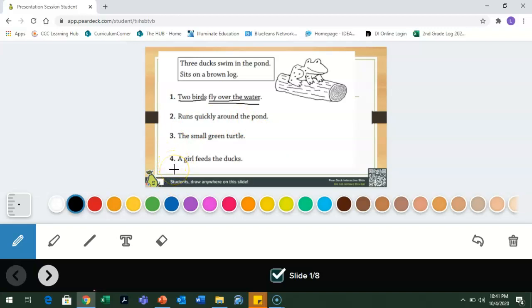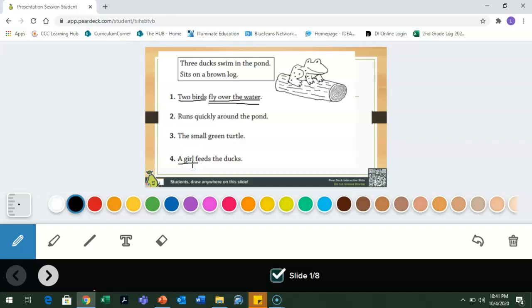Let's see if this is a complete sentence and has a subject and a predicate. A girl feeds the ducks. Who is this sentence about? Get ready. Yes, a girl. So when you know what we're talking about, we make one line.